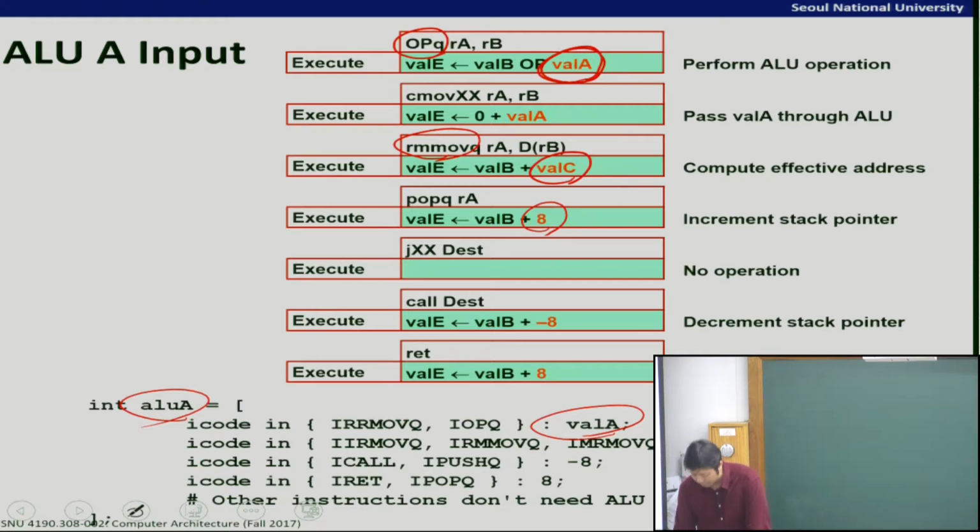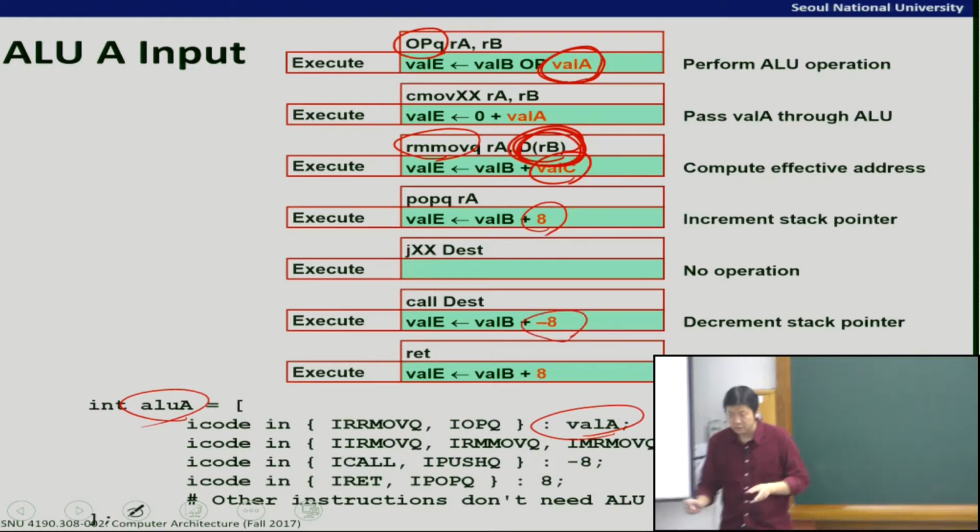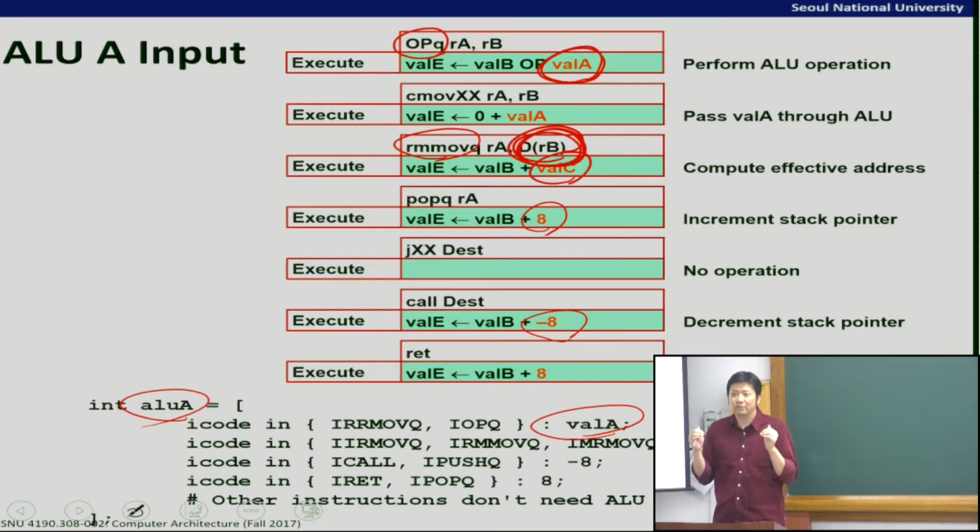If you remember, we first calculate the sum of D and RB, so we select this val C, which holds the constant value taken from the instruction. If the icode is either call or push, then this will be the constant value -8, because we have to push some value onto the stack. And if the instruction is either ret or pop Q, then the value will be positive +8, because we need to pop one entry.